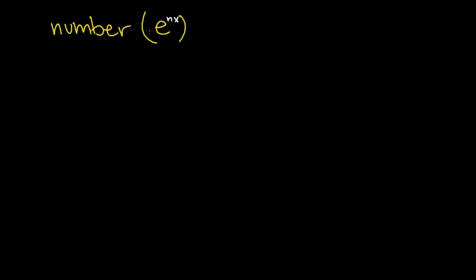Another is nakay number e. So if the antiderivative of e raised to the power of nx, so this is a linear function nx. So dx. So antiderivative ani is just e^(nx) over n.